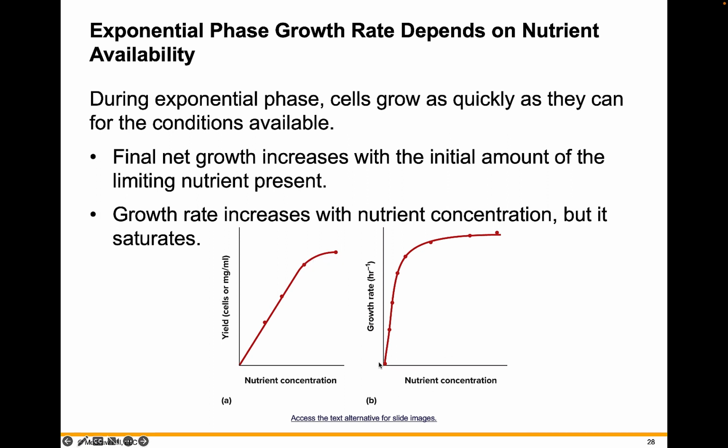On the other hand, here you have the growth rate per hour, and as you increase the nutrient concentration, it will grow exponentially up to a certain point, and then it will plateau. Why is it so? Because after some time, the cells will reach a condition which we call a critical threshold.